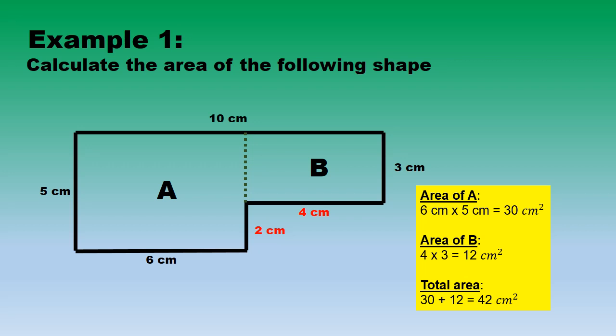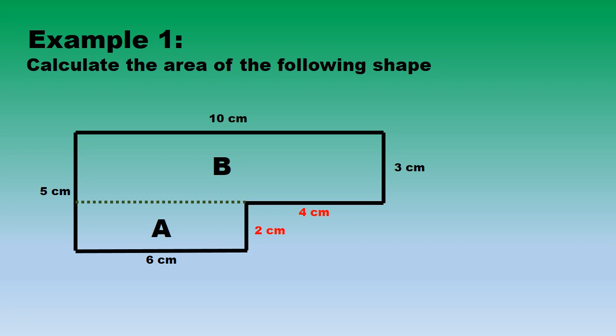Please just make sure that you work with the correct length and the correct breadth. So when you work out A, you cannot say 10 times 5, because then you will work out that whole rectangle, the big one, including that gap that's there. Okay, so it's 6 times 5 for A and 4 times 3 for B, and together that gives you 42. So you add your answers back together to give you 42 centimeters squared.